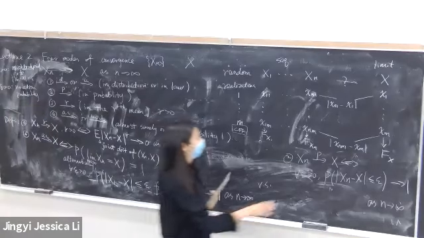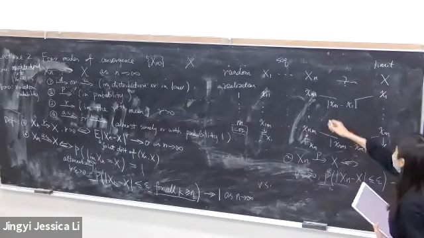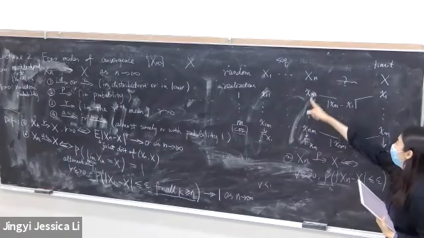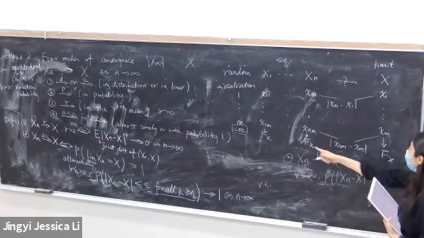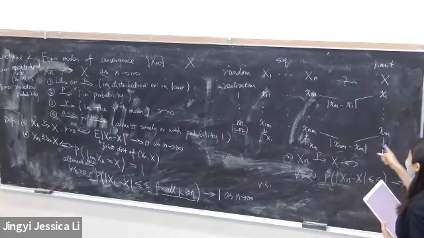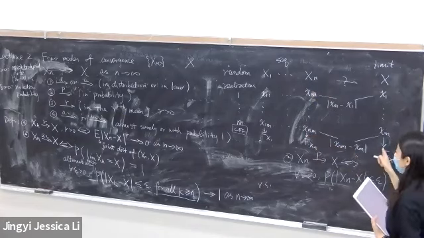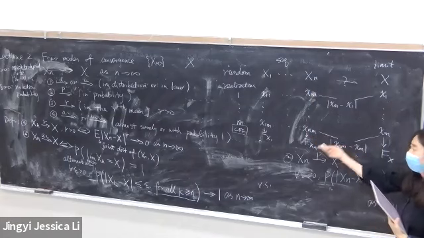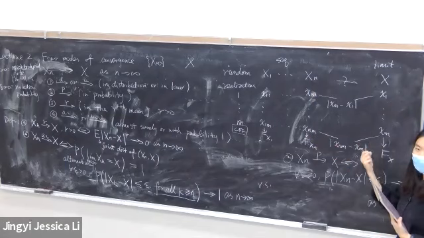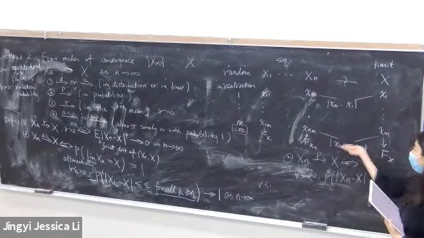While for convergence in probability, for each position we look at its average truncated distance to x separately. We get a probability here, here, and here. As long as the probability is going up to 1, we're happy.